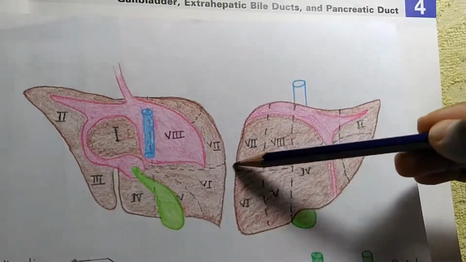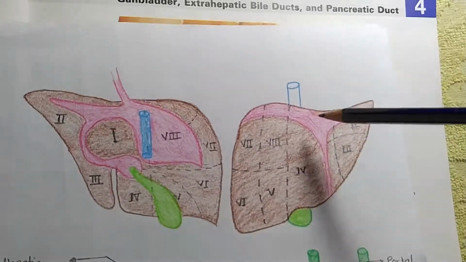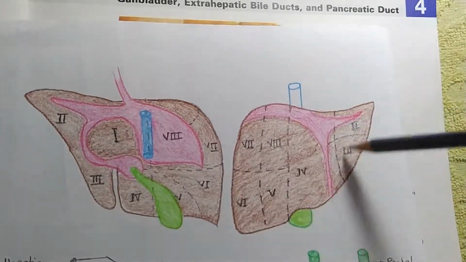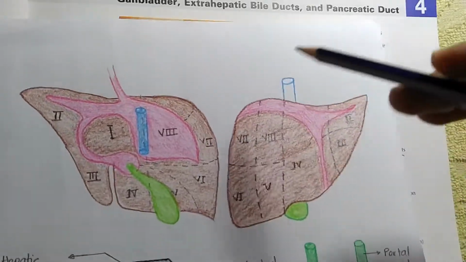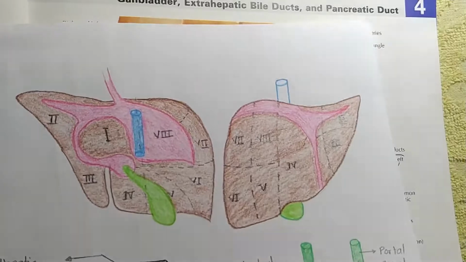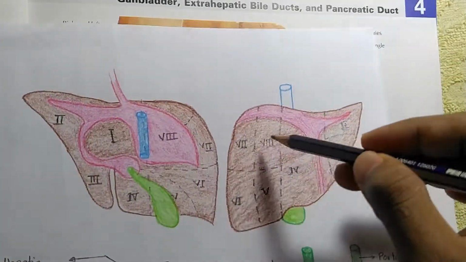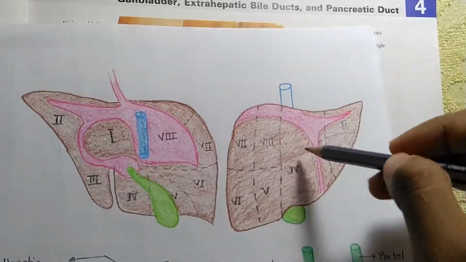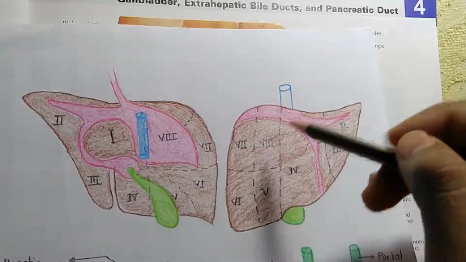The liver is functionally divided into 8 segments. 4 segments lie in the left lobe and 4 segments lie in the right lobe. They are vascularly different because each segment is individually supplied by the hepatic vein and hepatic artery.